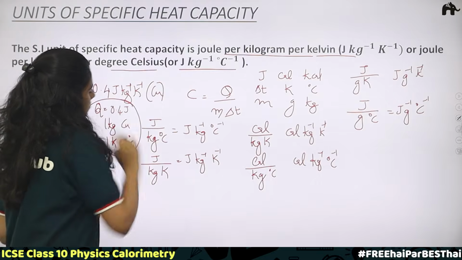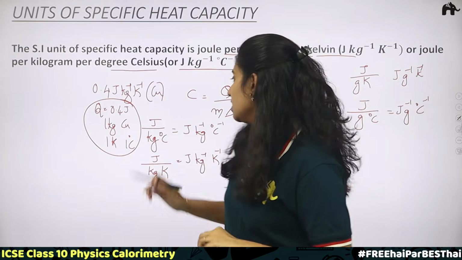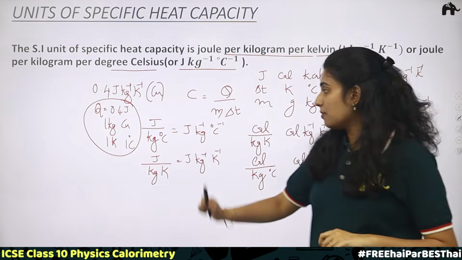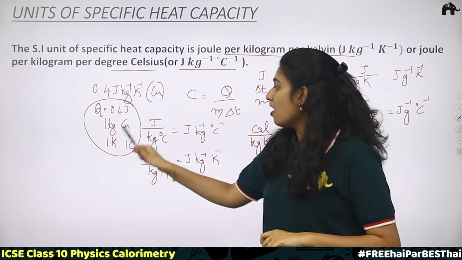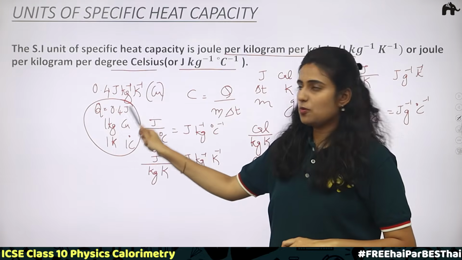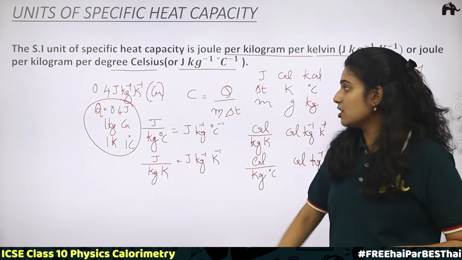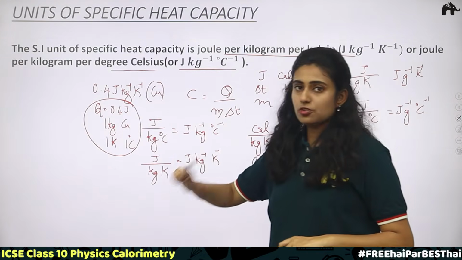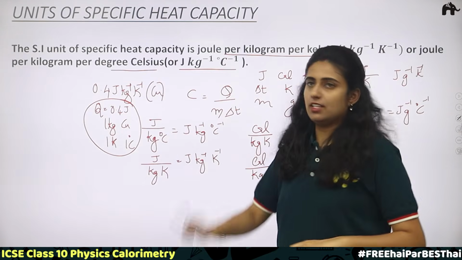To raise the temperature of 1 kilogram of copper by 1 degree Celsius or 1 Kelvin, the amount of heat energy is 0.4 joules. Then the specific heat capacity of the substance will be 0.4 joules kilogram inverse Kelvin inverse.